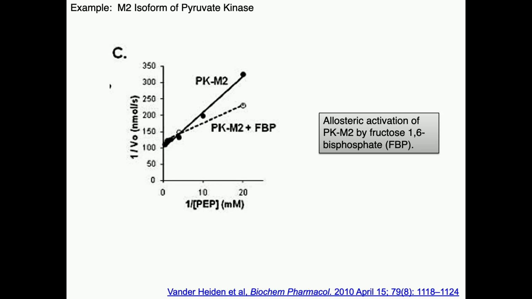Pyruvate kinase M2 is expressed in embryonic tissue. Then during development, M2 expression is stopped and M1 expression begins. So it has a role in normal physiology and development.